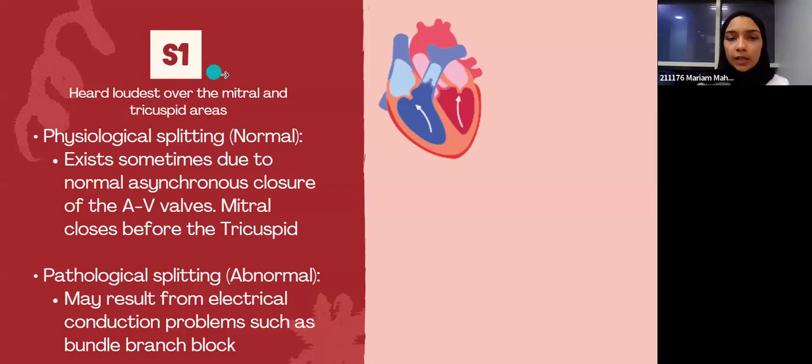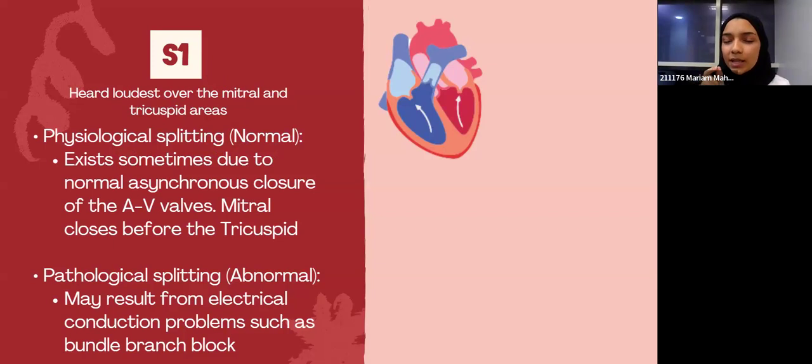So basically, for the S1, you can hear a split. What's a split is that you can hear it as two. So there is a physiological, which is a normal splitting of S1, and then there is a pathological splitting, which is abnormal. In normal, basically the ventricles do not contract at the exact same time.